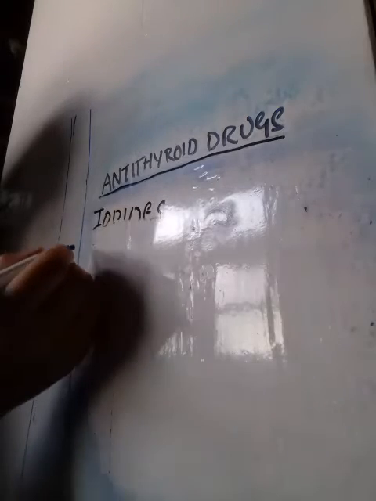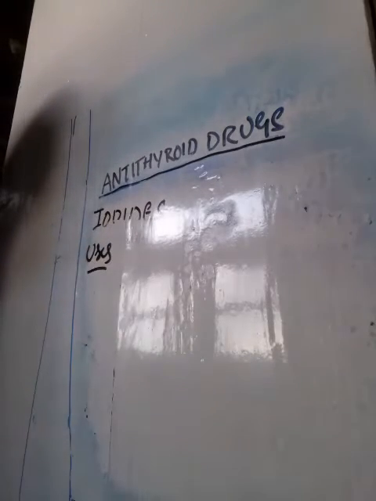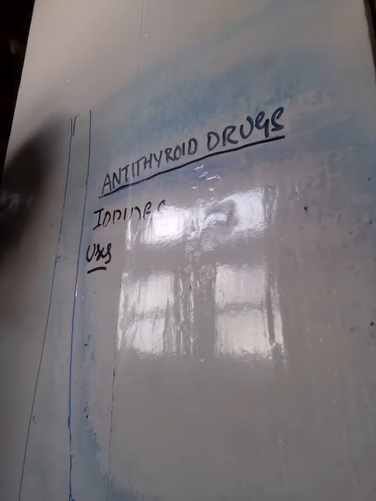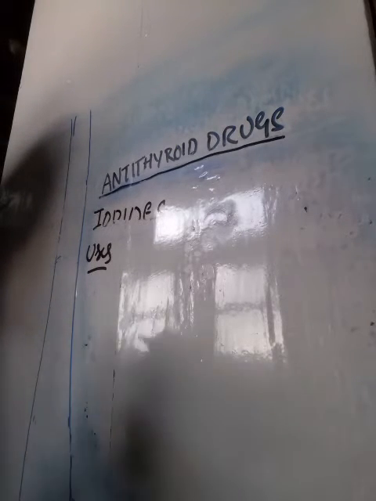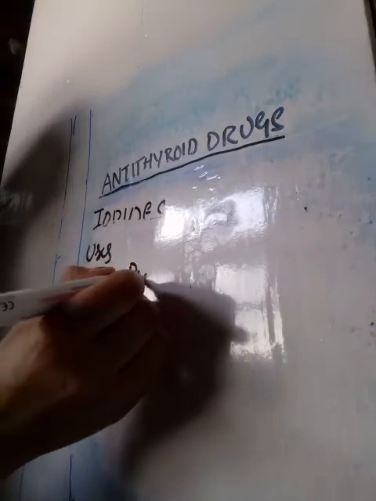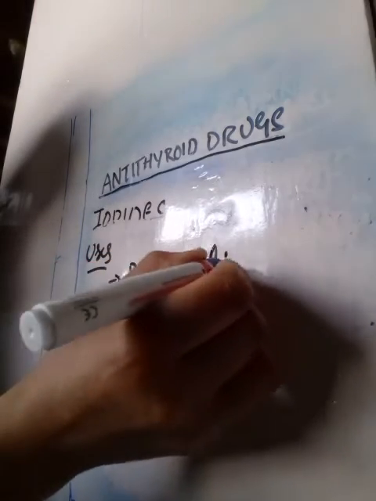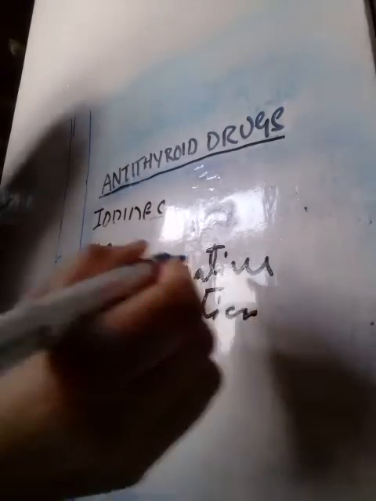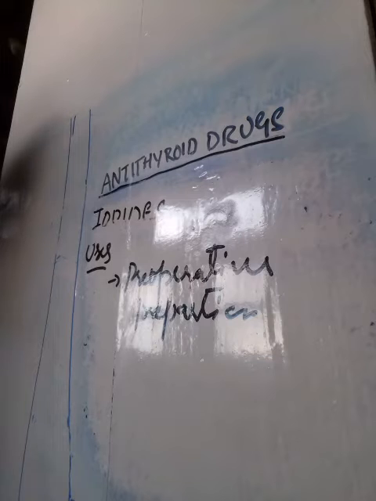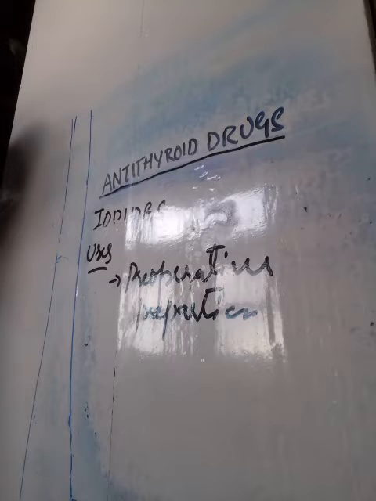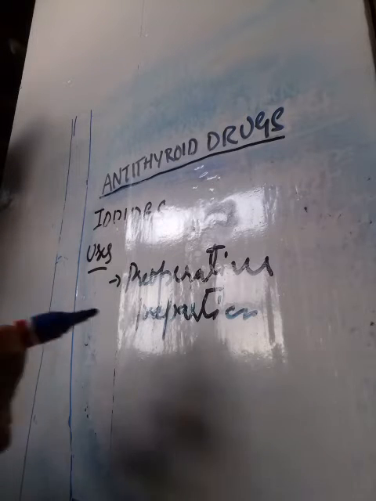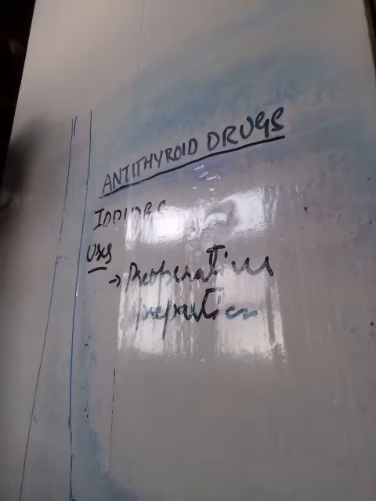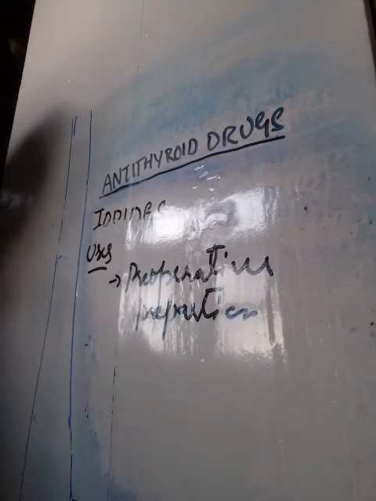Now coming to the uses. Uses of iodide. It is used in the preoperative preparations for thyroidectomy. Means it is started before surgery for about 10 days so that the gland becomes less vascular and firm.